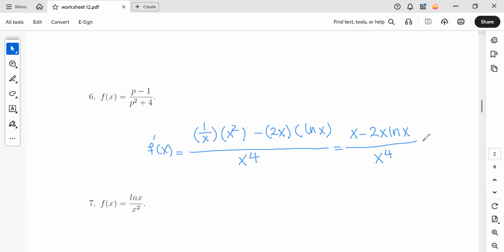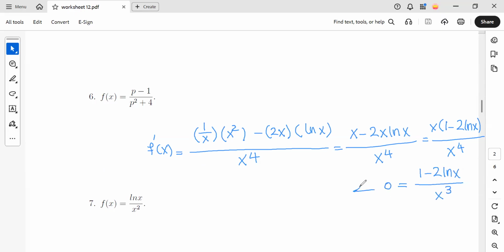After simplifying, we're going to have x minus 2x ln of x all over x to the fourth. We can simplify x from the top and bottom, so we can factor out x, and we're left with 1 minus 2 ln of x over x to the fourth. We can cancel out x, and we would have 1 minus 2 ln of x over x cubed.